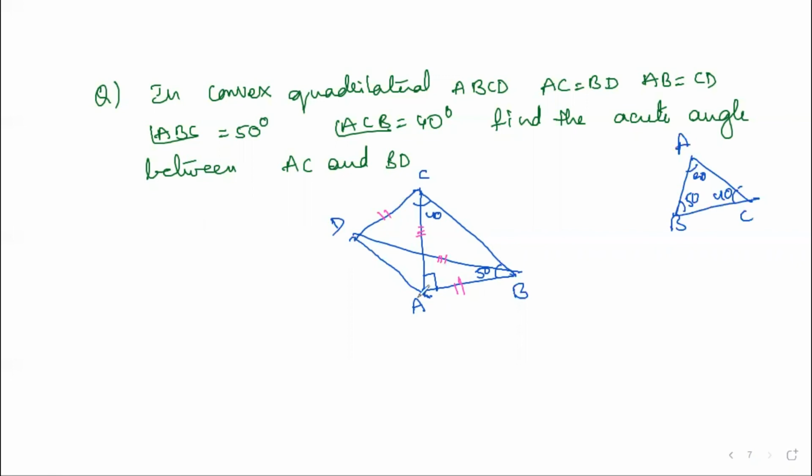So if you look at these two triangles, ADC and DAB are congruent, AD being the common side to both. So if we apply that property, the angle at this point should be equal to the angle at this point.